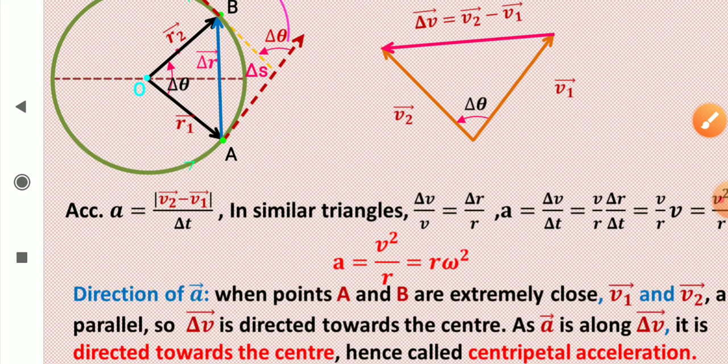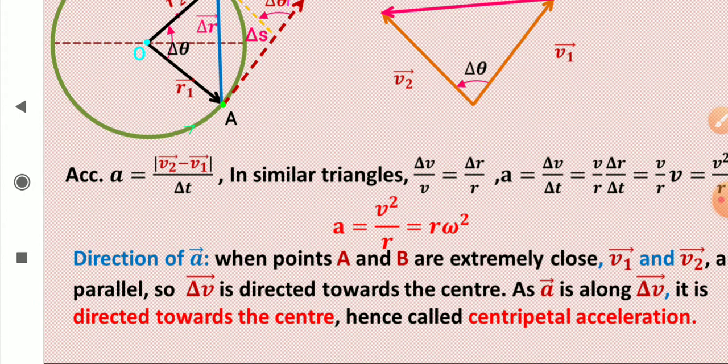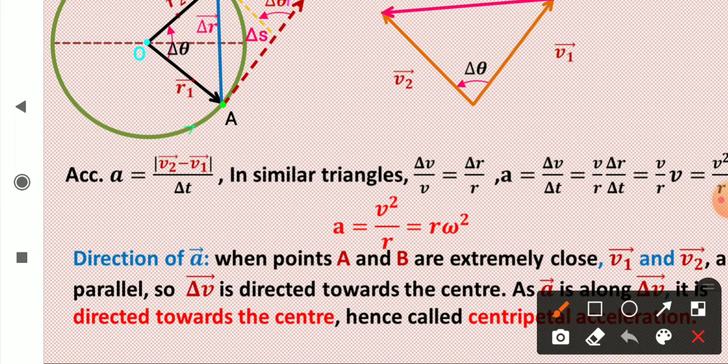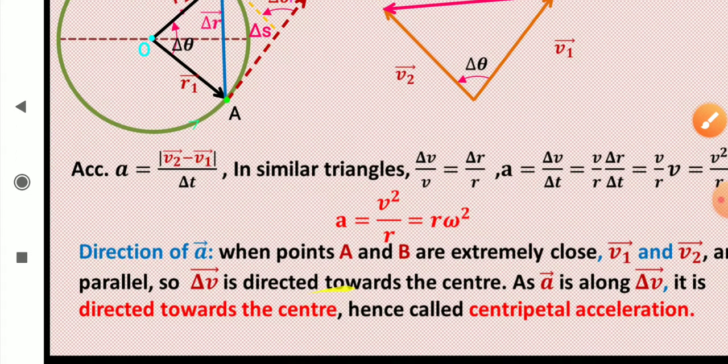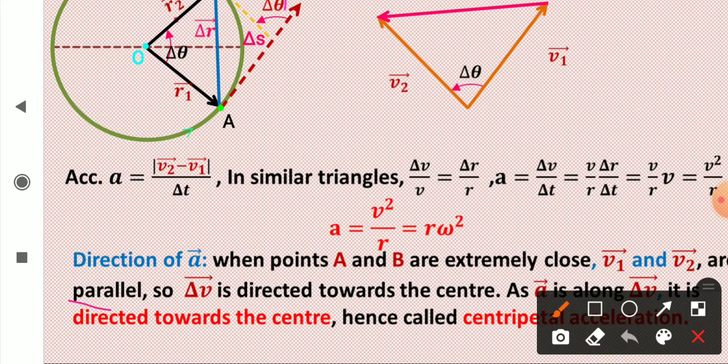So let's see how we write it. Direction of this vector acceleration. So when points A and B are extremely close, v1 and v2 are nearly parallel.